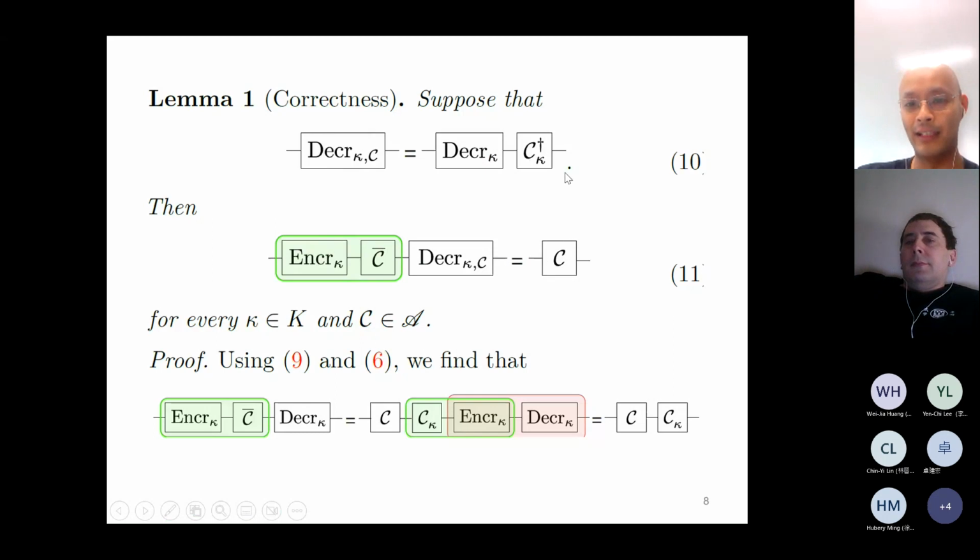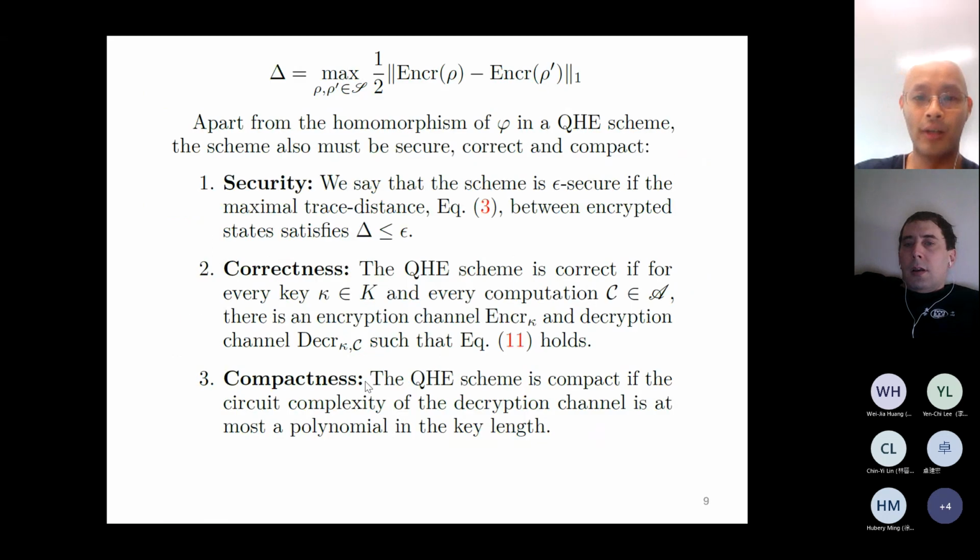And it is easy to see that as long as you define the decryption map to be given by this thing over here, then equation 11 applies. Basically, you just use the requirements that I showed you on the previous slide, and it pops out really easily. I will not bore you with the details, but it's a pictorial proof.